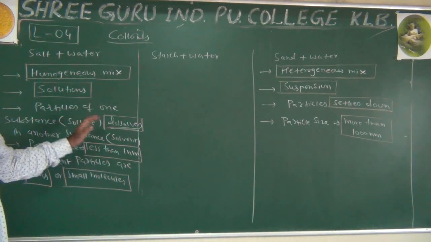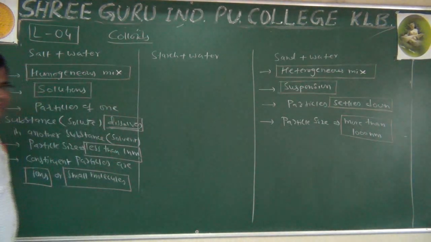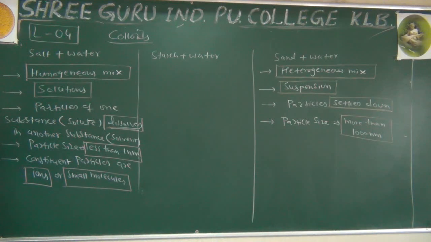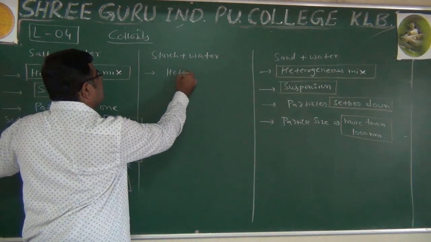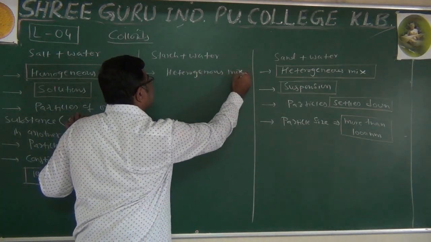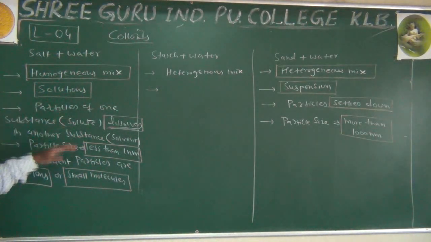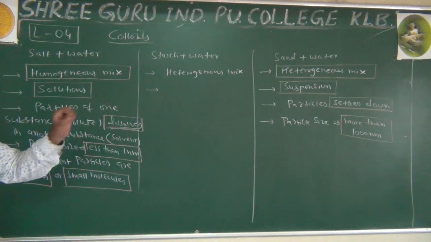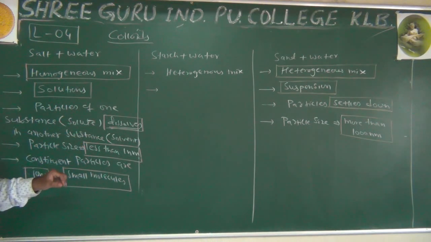Now in between these two extremes, we come across this example. Put starch in water. Whether it is homogeneous or heterogeneous, we call it a heterogeneous mixture. First property is heterogeneous, it is not homogeneous. We know that starch particles are just moving here and there in that solution.